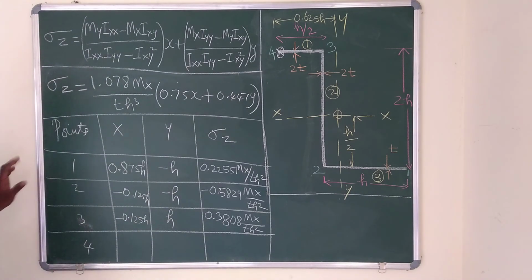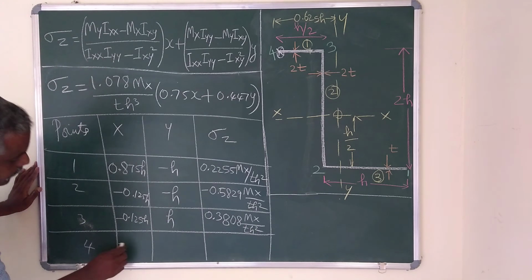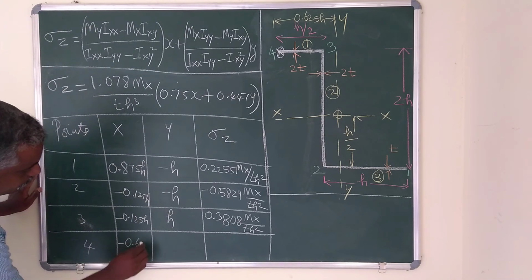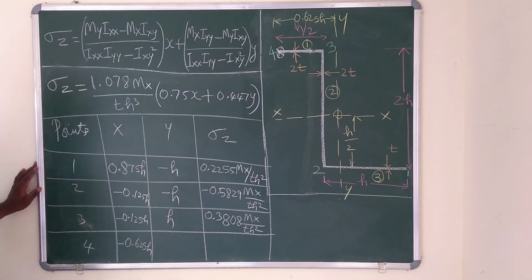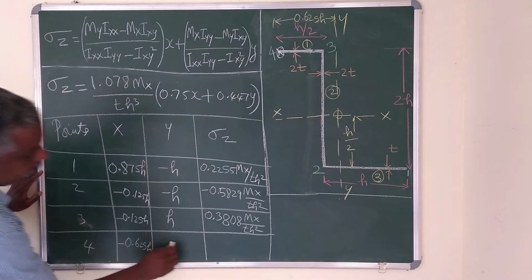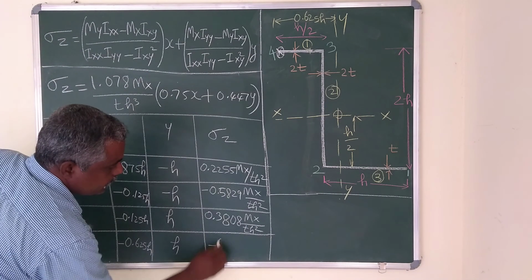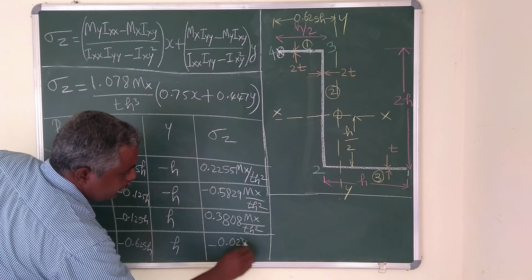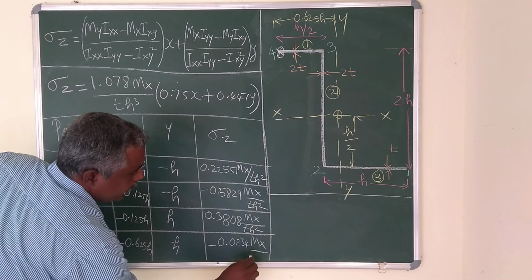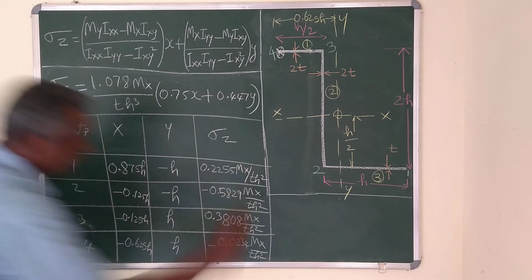Similarly, for point 4, x is minus 0.625h, and 0.625h into h gives minus 0.0234 Mx divided by th square.